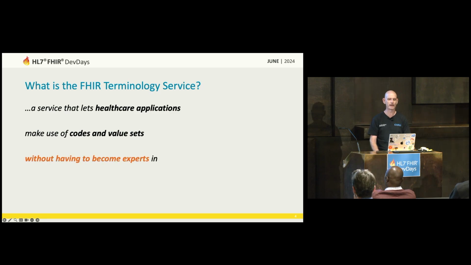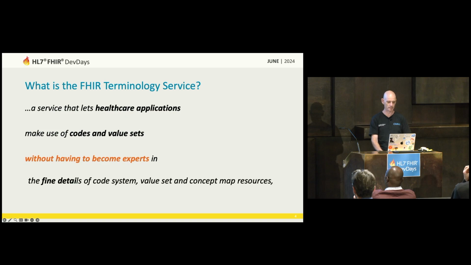The key bit is without having to become experts. There's a lot of complexity embedded into a number of these large coding systems and terminologies. It's about not having to become an expert in the fine details of the resources that make up the FHIR Terminology Service.